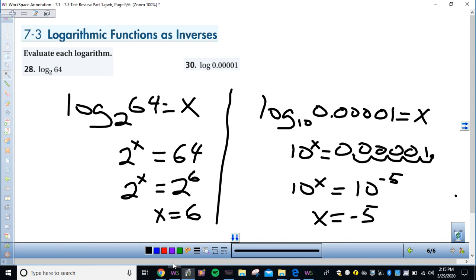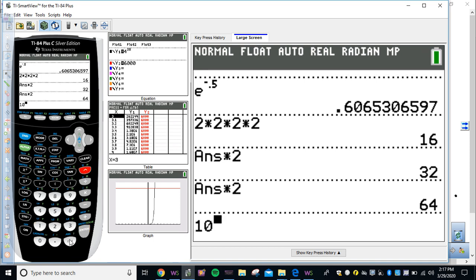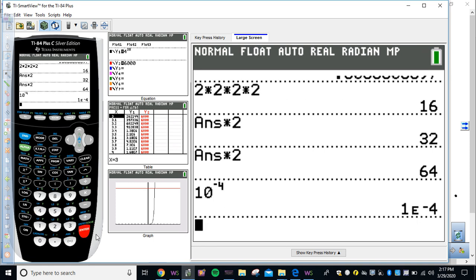So let's say you get paranoid on a test or a quiz, and you're unsure. You just play around with it. So 10 to the negative 4th power. Then you just have to remember you move the decimal 4 to the left.